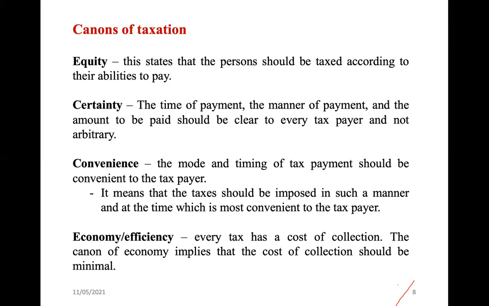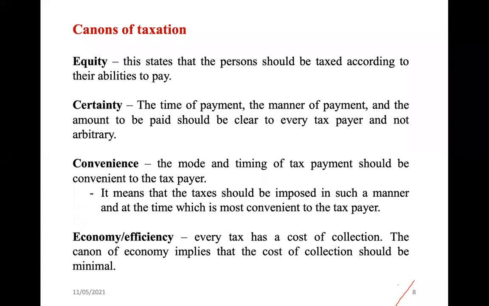The convenience canon says that the mode and the timing of payment should be convenient to the taxpayer. Okay, it means that taxes should be imposed in such a manner and at the time which is most convenient to the taxpayer. For example, income taxes are imposed when you earn an income and they are deducted at source.